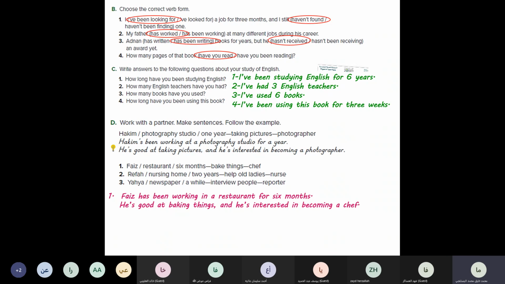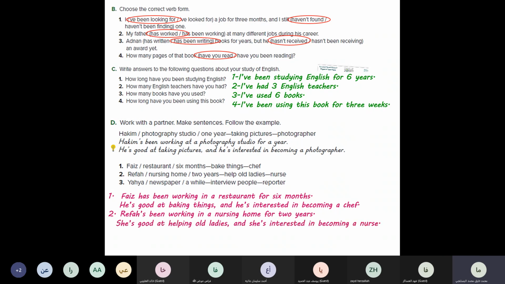Rifah, nursing home, 2 years. Nurse. Rifah has been working in a nursing home for 2 years. She's good at nursing and loves to help the ladies. She's interested in becoming a nurse, and she is good at helping all the ladies. Yeah, that's up to you.